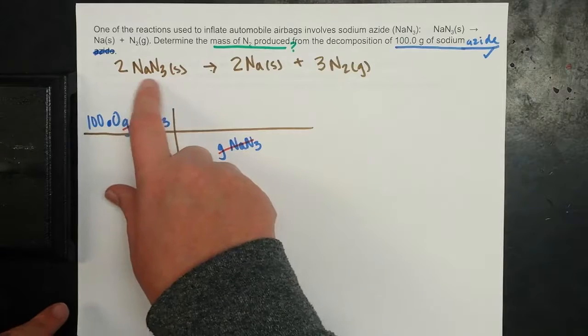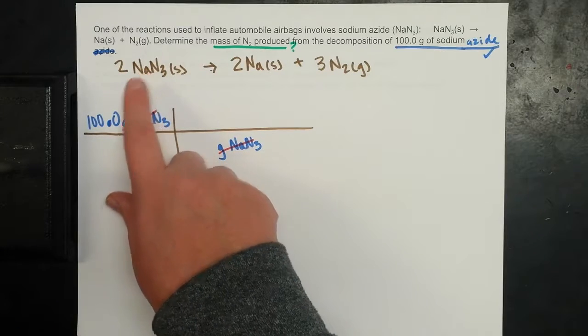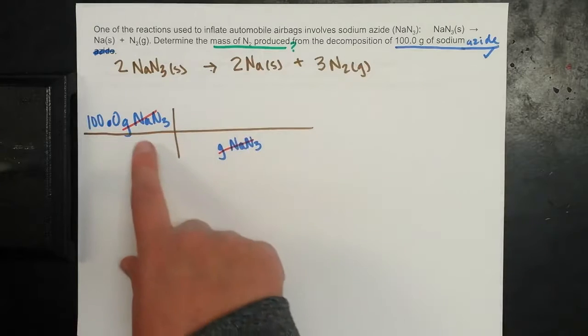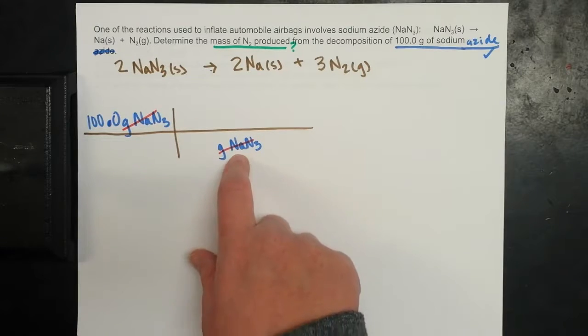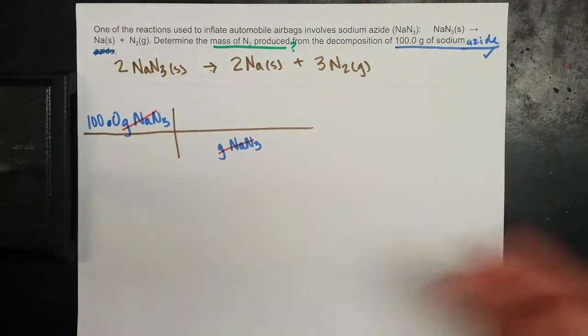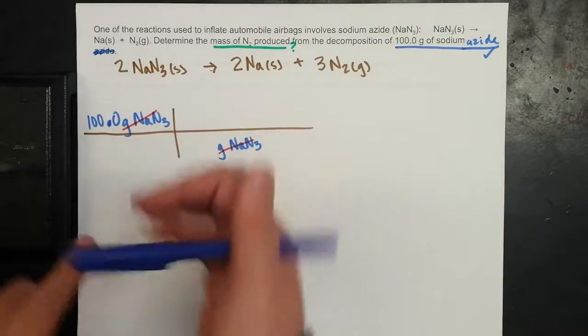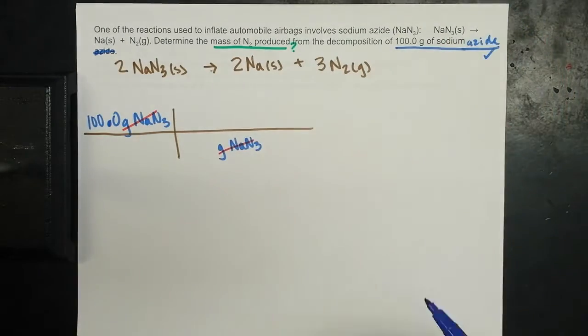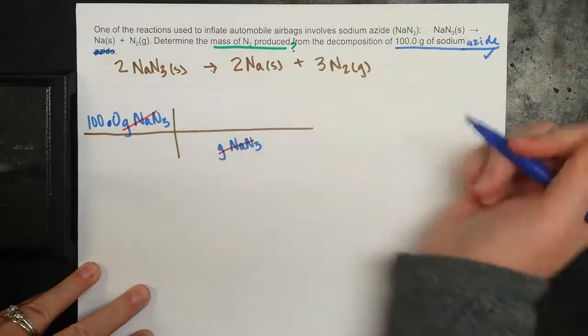So if they don't give me moles of my first substance, in this case sodium azide, I have to get to moles. Well, they gave me mass, so I know I can go from mass of sodium azide to moles of sodium azide. And once I've done that, then I can do my mole ratio to convert between substances. So that's maybe more of an intuitive type trick to problem solving.